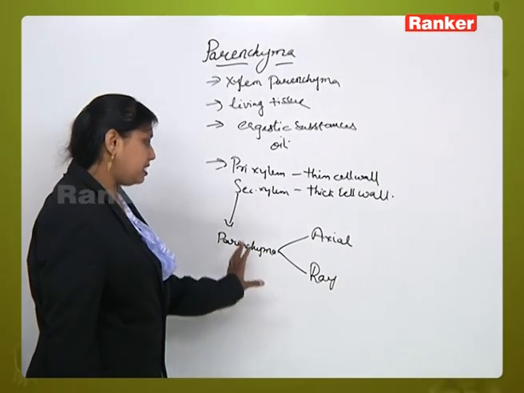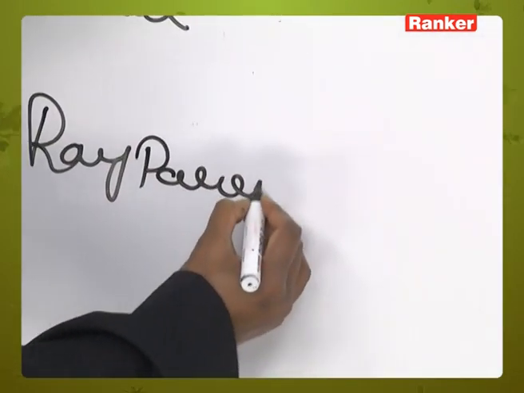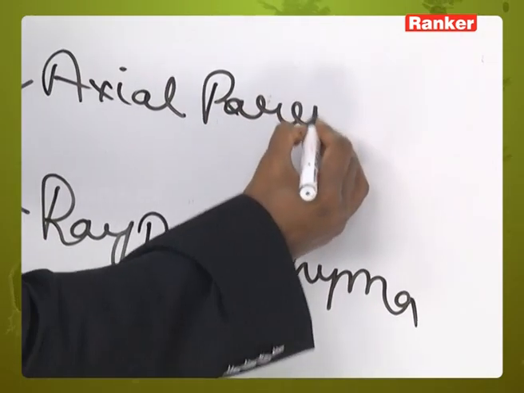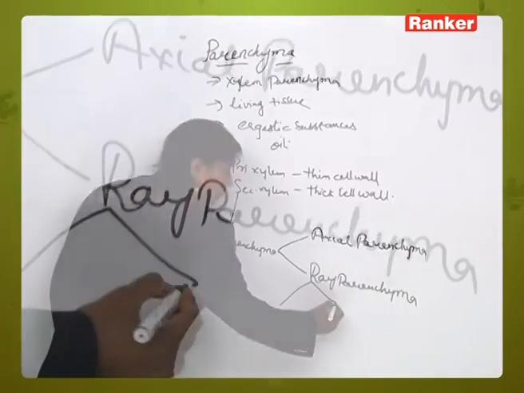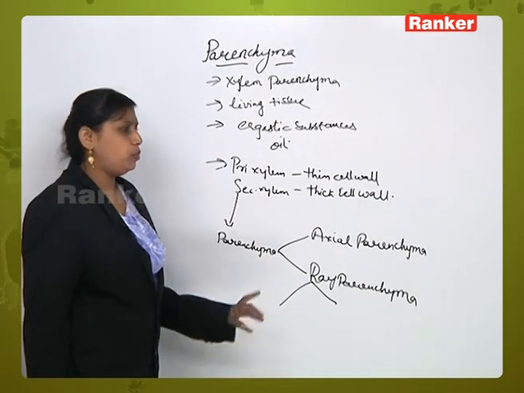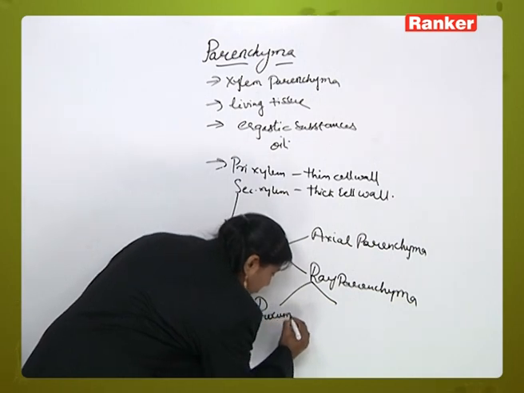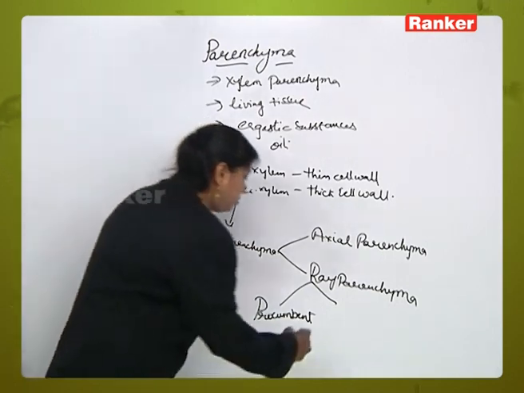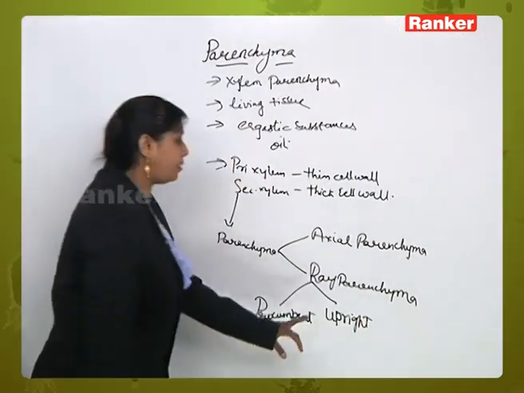And again, this ray parenchyma is divided into procumbent and upright ray cells.